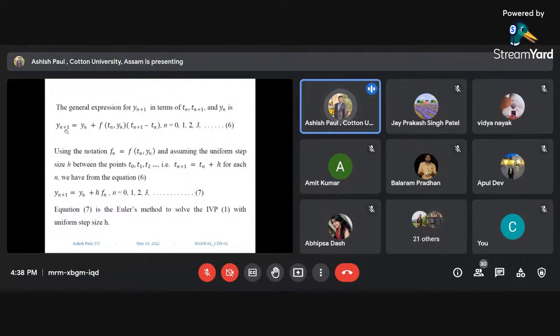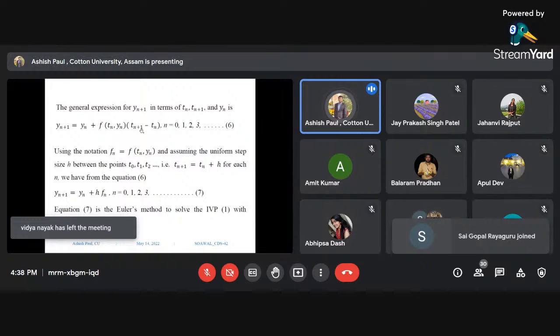So this is the n plus 1th value, the approximation of phi at t n plus 1. Since in the previous stage we know the value of tn, and yn is known, according to our assumption, all the terms on the right hand side are known to us, and that is why y n plus 1 is also known.